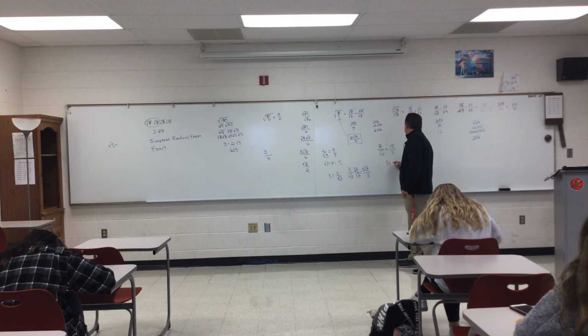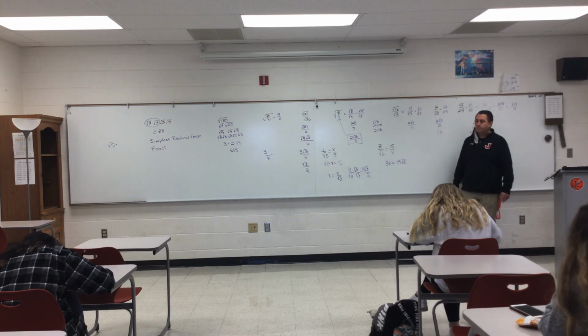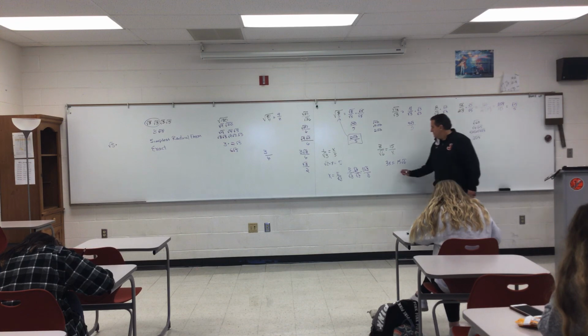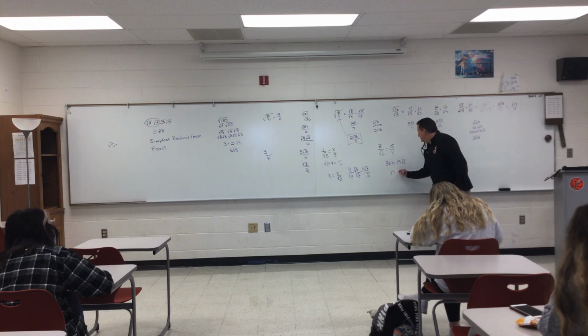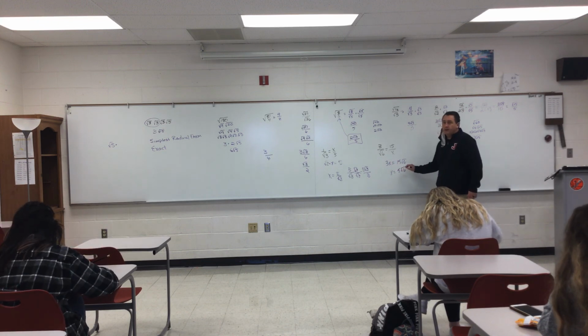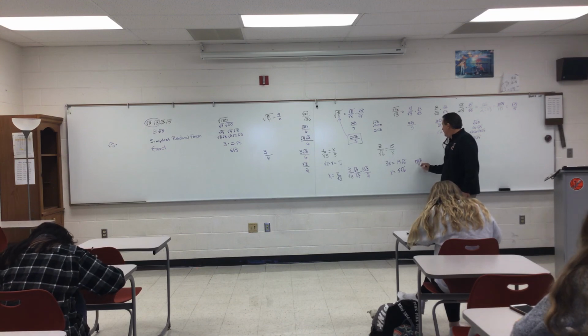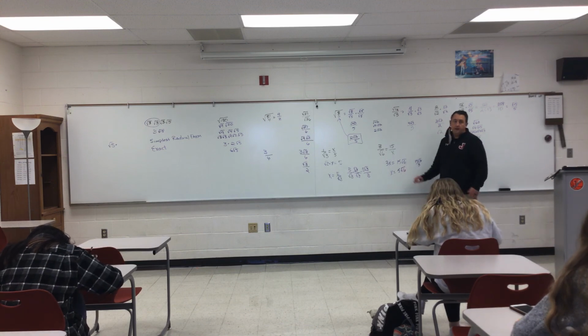This one would have a 3 and an x. Equal 15 square root of 6. Now I can divide by 3, right? And on this one, when I take 15 over square root of 6 divided by 3, 15 and 3 gives me that 5.